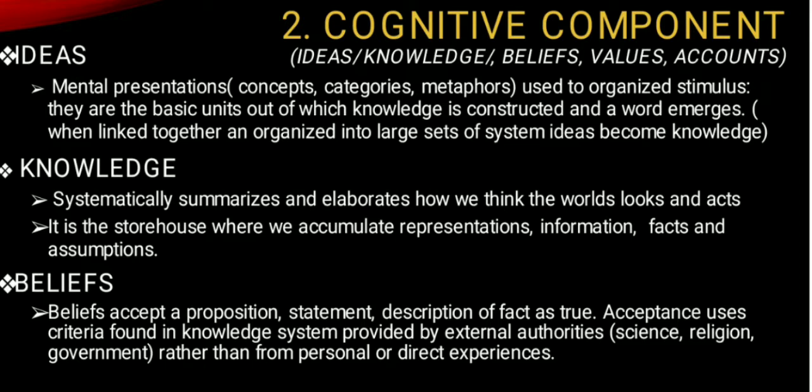Knowledge systematically summarizes and elaborates how we think about the world, how it looks, and how it acts. It is the storehouse where we accumulate representations, information, facts, and assumptions. Knowledge elaborates the information that we find from the ideas we think. This is where we gather all the information, facts, or assumptions.